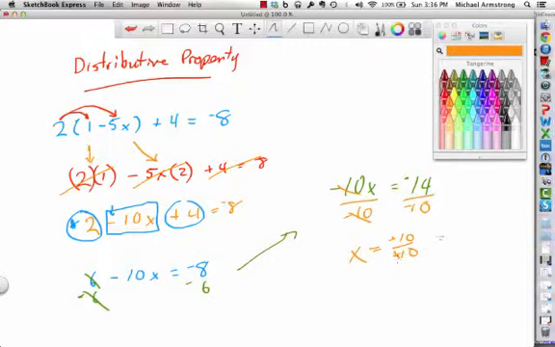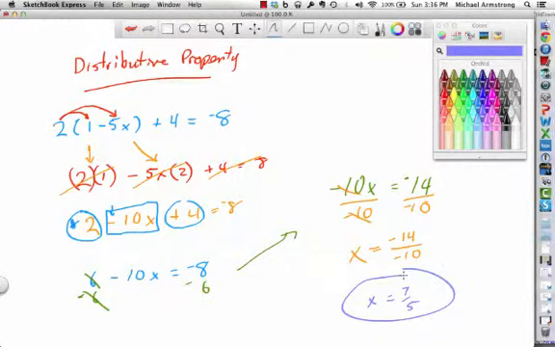Negative divided by a negative is positive. And I have to fix this because it looks like I wrote a 10 up there and it's really supposed to be a 14 on top and a 10 on the bottom. Okay, so now the only final step is just to rewrite it so that it's like a simpler fraction. The negatives disappear and 14/10 becomes 7/5.